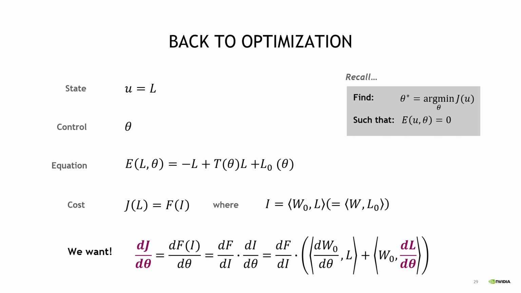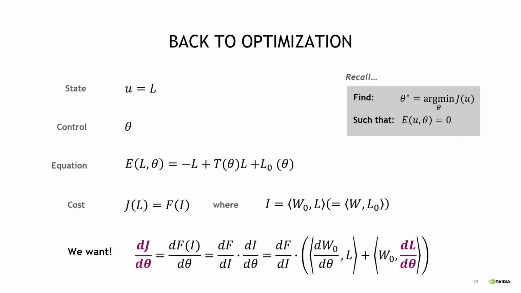The control could be anything, could be the material properties, for example, or the emission of a light source. And so those are sort of the parameters we want to learn. The equation is just a transport equation, with the transport now depending on the controls, and the light sources depend on some controls. And the cost is some function of the intensity.